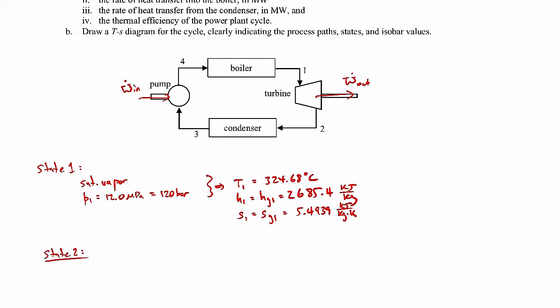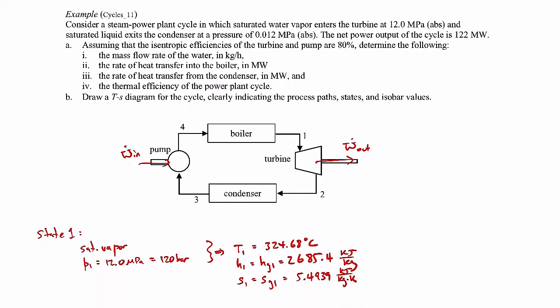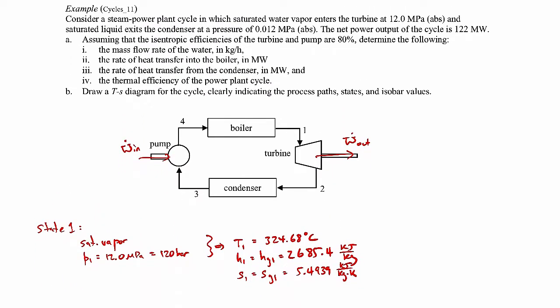So for state 2, one of the things we know is we can figure out the pressure here at state 2, because exiting the condenser, the pressure is 0.012 megapascal, so that's at state 3 here.